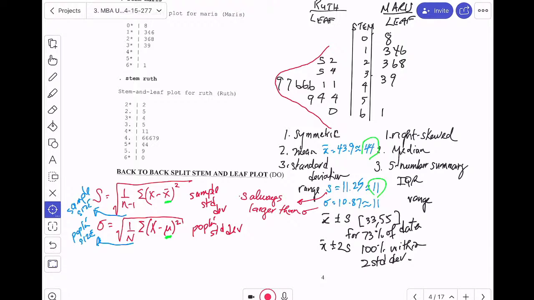The range of this data, for Ruth, is between 22 and 60, and you can calculate that. So it's a spread of 38. That's another way that you should summarize the data. Actually, I'll do those in blue.